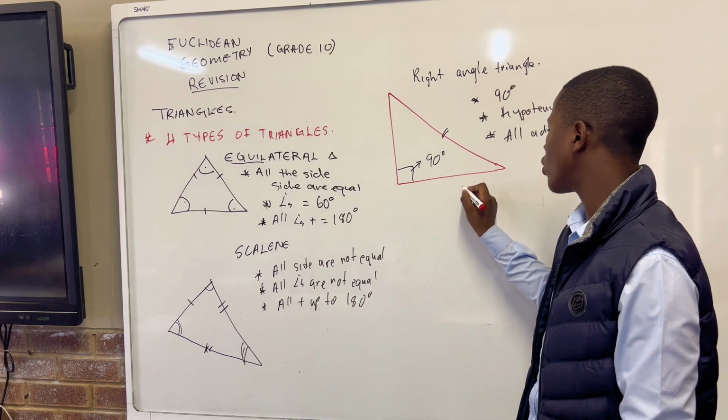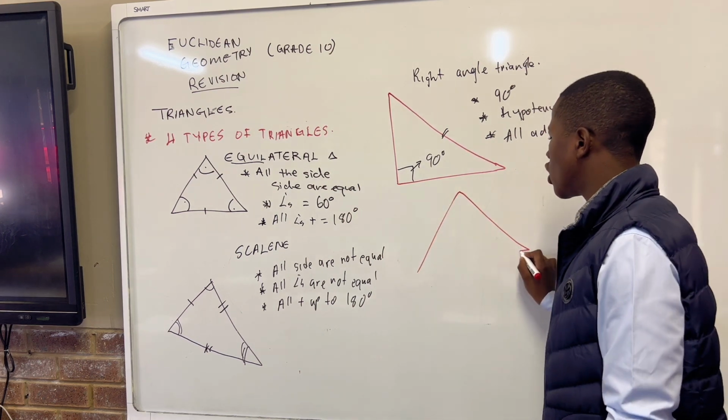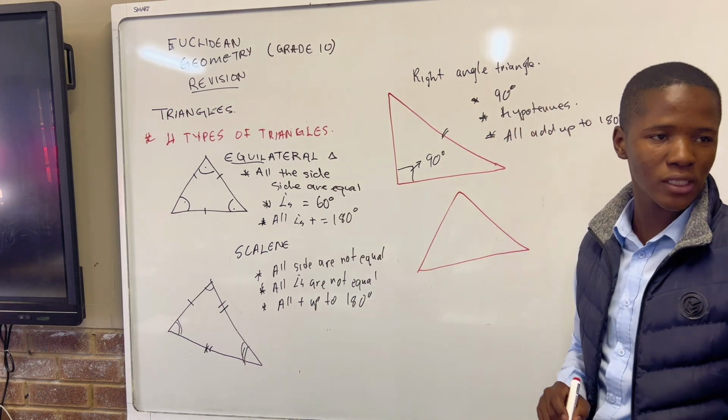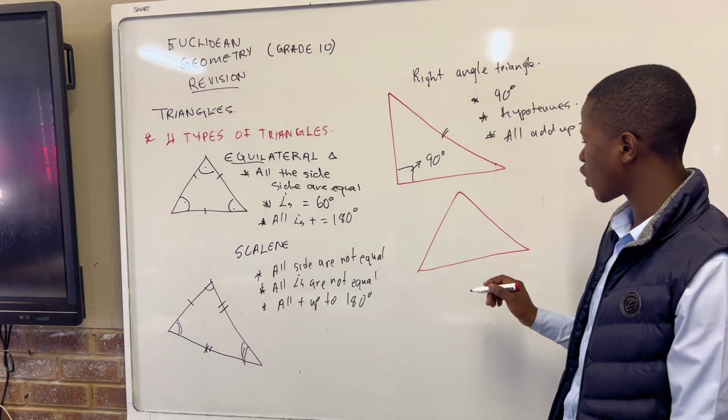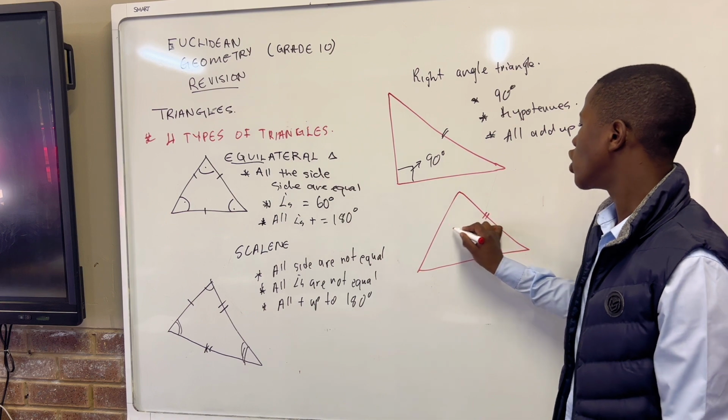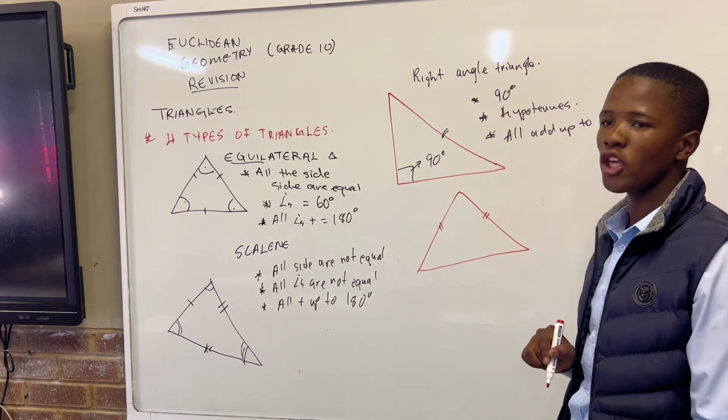Then the last one which we are going to examine is your isosceles triangle. Your isosceles triangle is basically that triangle that has two sides that are equal.